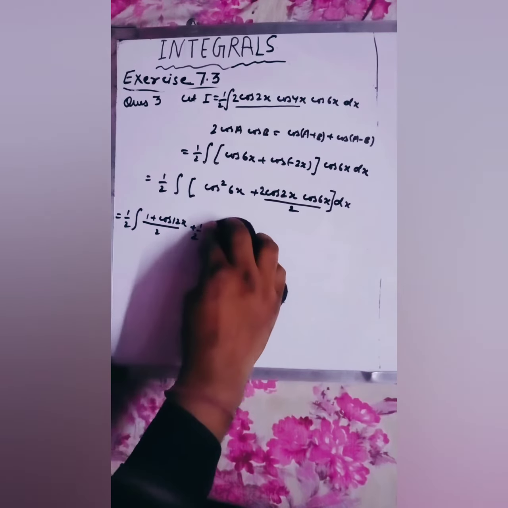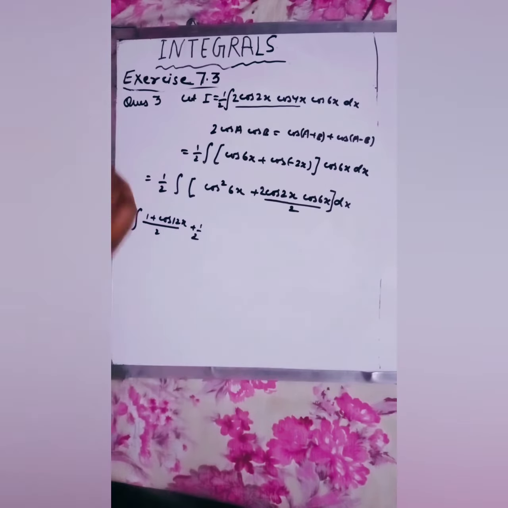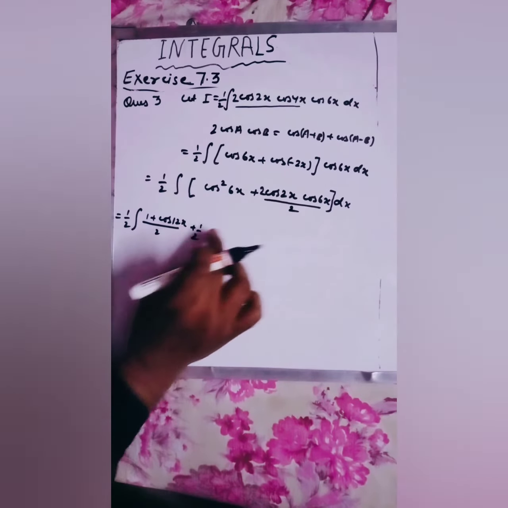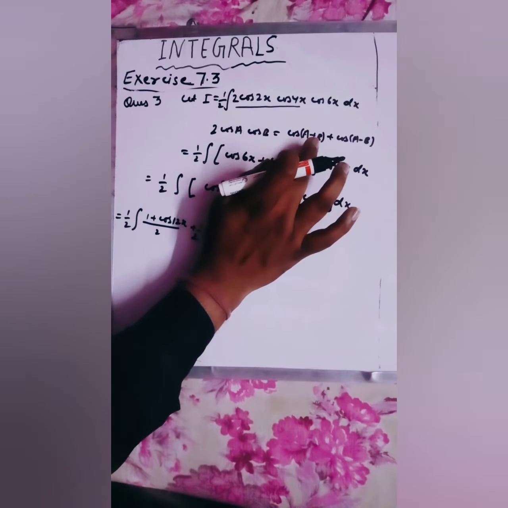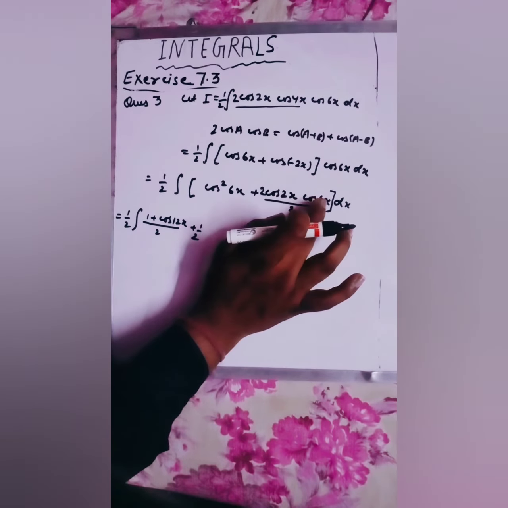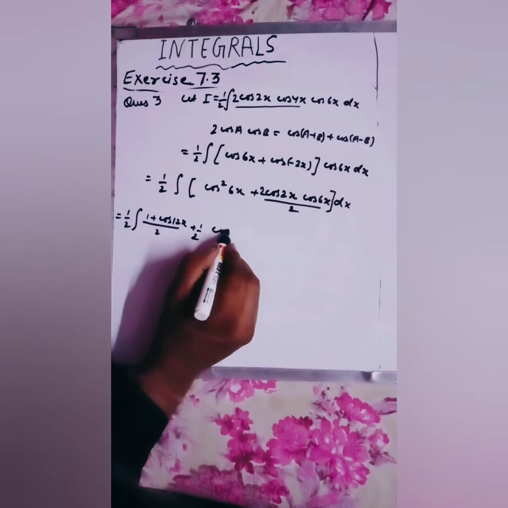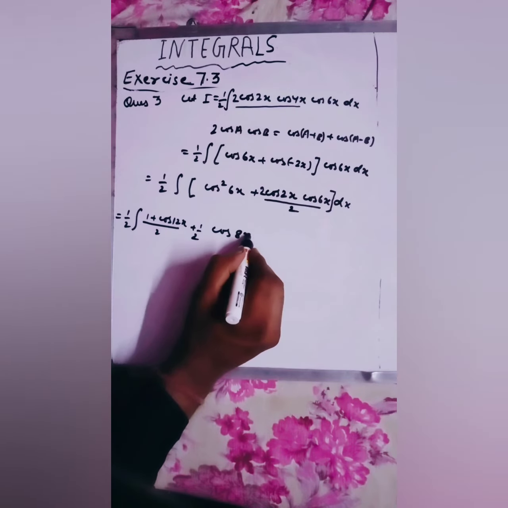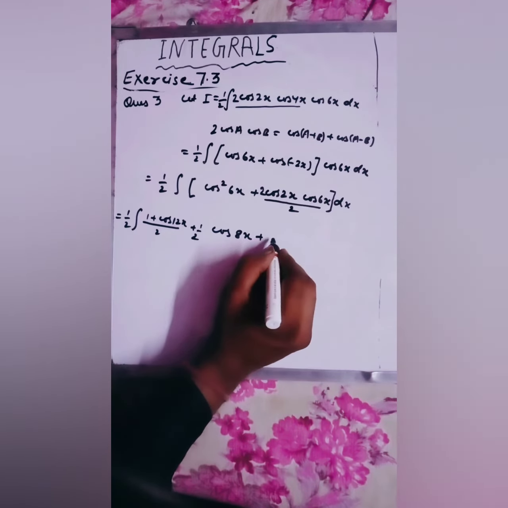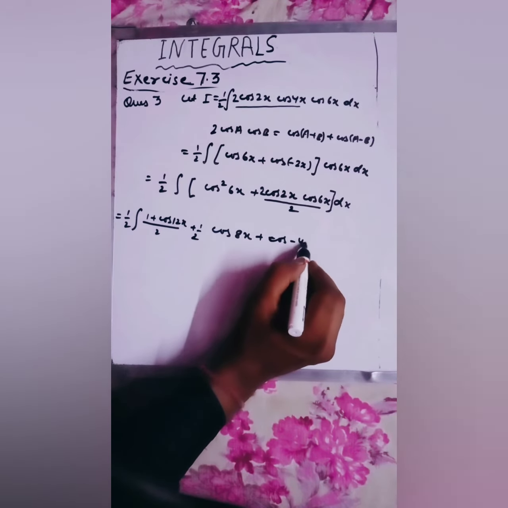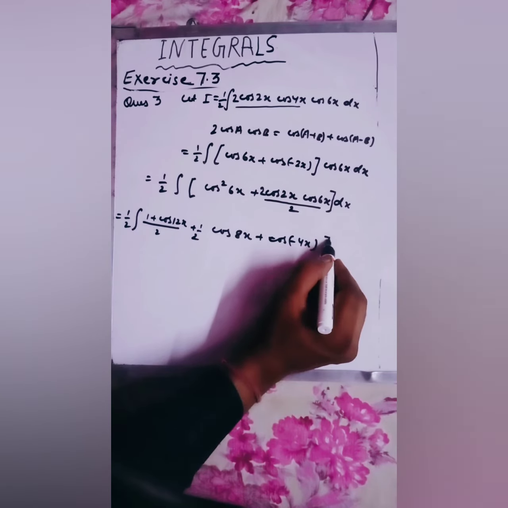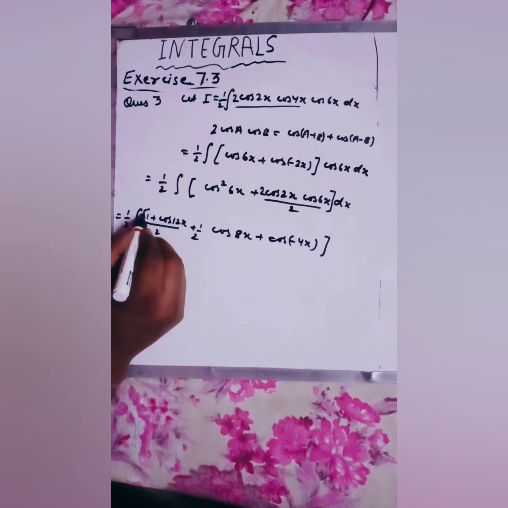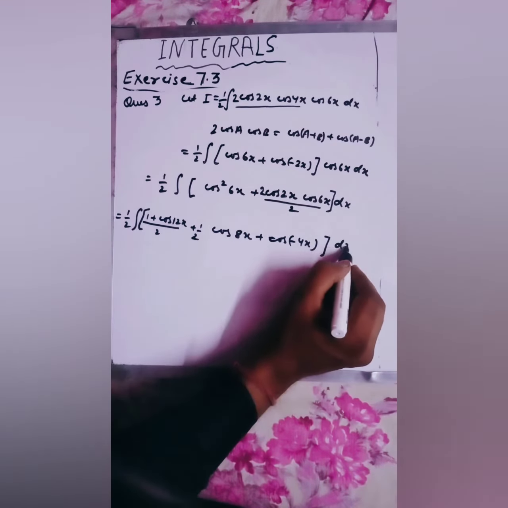Now again I'm doing this. Okay, this 1 by 2 will come here, and here you have to apply the formula. The formula will be this, A plus B, your A is 2x, B is 6x. So cos 8x plus cos(minus 4x). Okay, close the bracket, into dx.